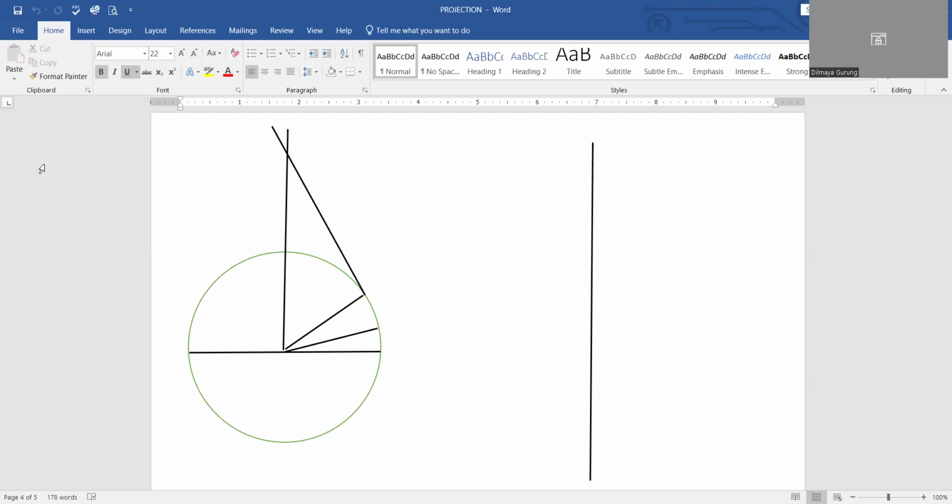Now let's label it. We'll write O, this is the center. Now we take this distance, since it represents the length of 40 degrees, and measure it in our compass.